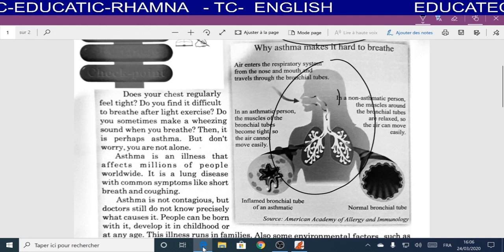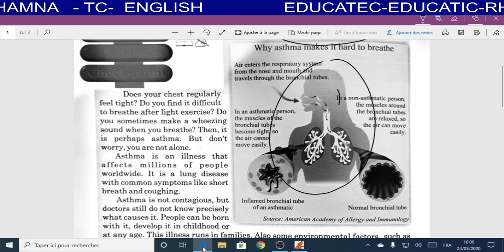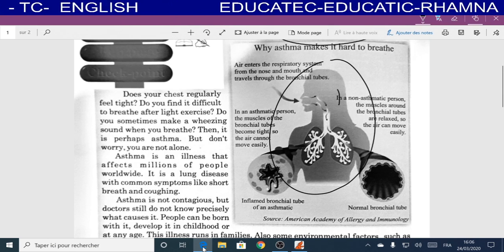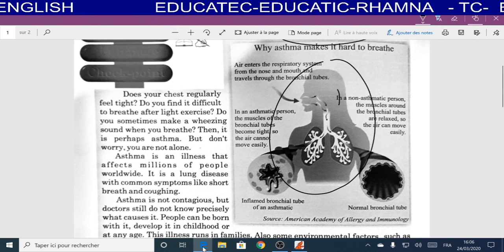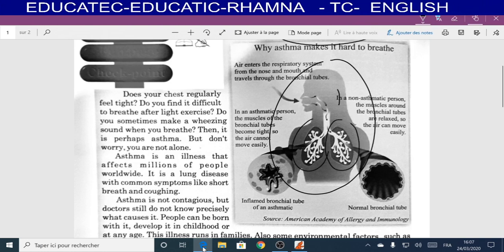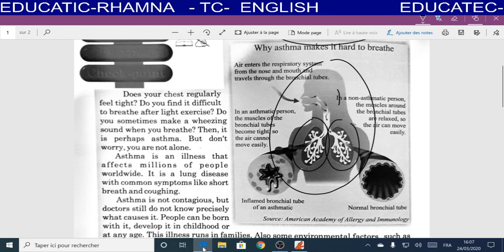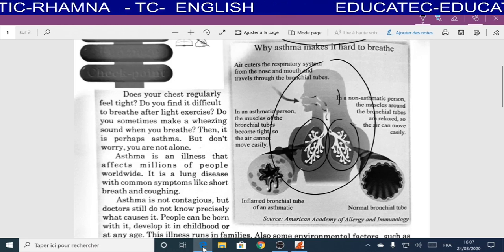And as you can see here, we have some air going. Air enters the respiratory system from the nose and the mouth and travels to the bronchial tubes to the lungs. As you can see, we have two lungs of the human body. We have two cases here, a normal case and an abnormal case.